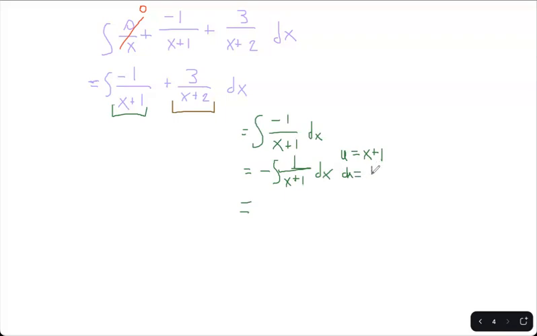And luckily for us, for our x plus 1, the derivative of that is just 1, so du equals dx. So 1 over u, right? That means we don't have to plug in any other value at the bottom or at the top. And we are given the negative of ln u.